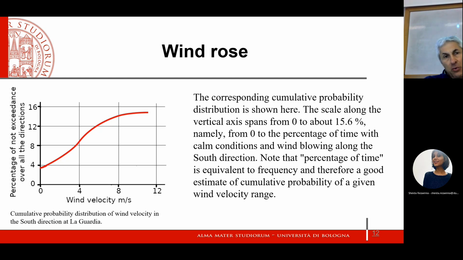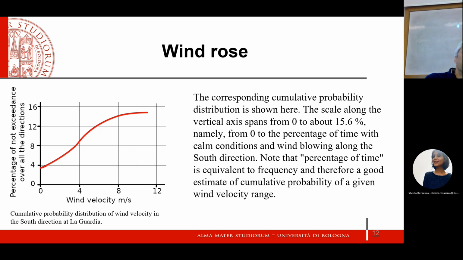If you have observations for 100 years and you estimate the probability distribution, and then you use this probability distribution to compute extreme wind velocity for a given return period, you have to be careful of extrapolation.